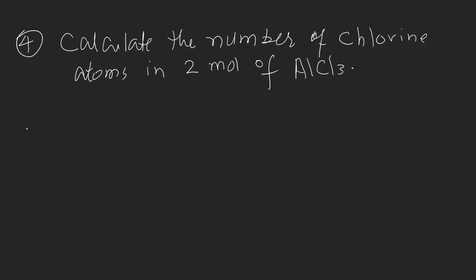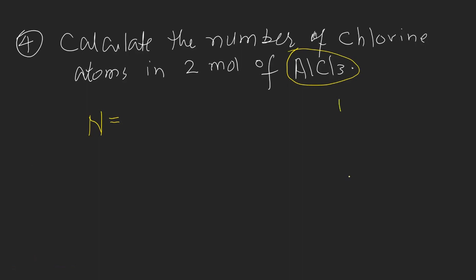In this example, calculate the number of chlorine atoms. Again, they're asking for N, but this is the number of chlorine atoms in the whole thing. We know that this ionic compound aluminum chloride is made up of 4 atoms, 1 aluminum and 3 chlorine.